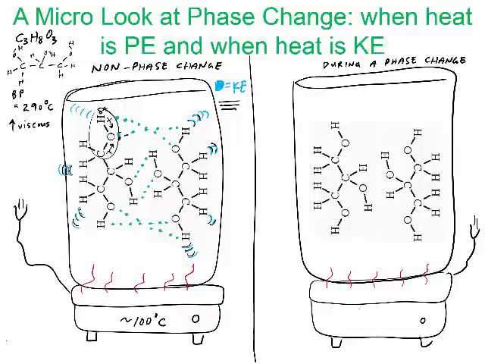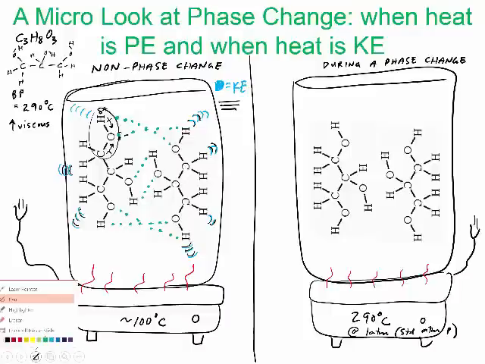So what happens when you get to 290? Right at 290, if it's at 1 atm, or standard atmospheric pressure, we'll cover that topic in the vapor pressure tutorials, like the definition of boiling point.